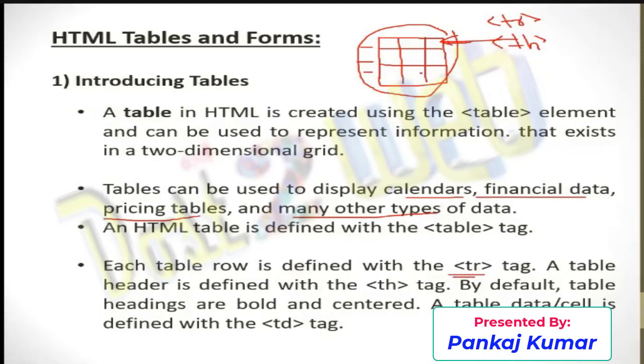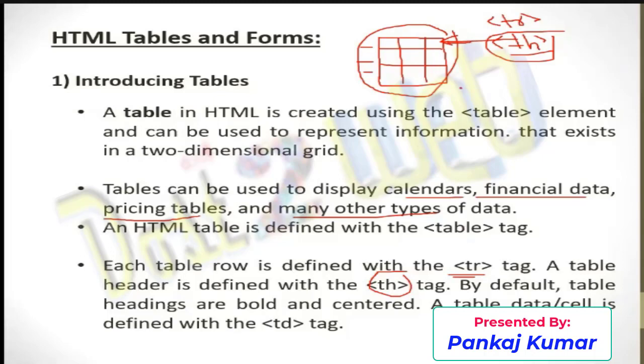And when you want to define the table header, that will be defined with the th tag. That is the table header it is called. And by default, table headings are bold and centered. That means whenever you define the th tag, that will be bold letters and it will be centered.